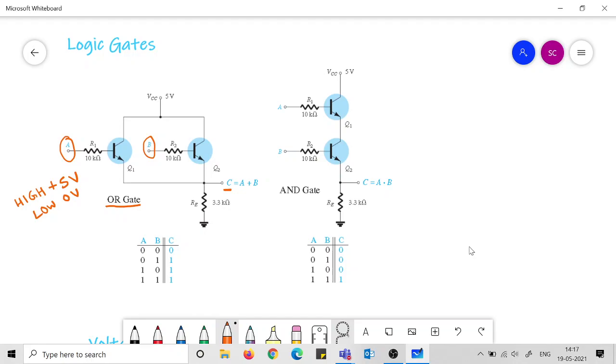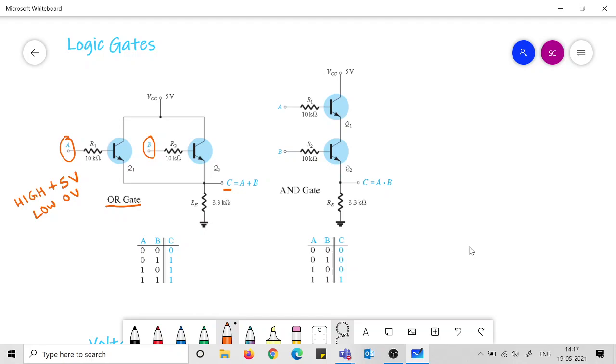Since there is no current in RE also, this potential comes up to this point. So C becomes 0, or very close to ground.